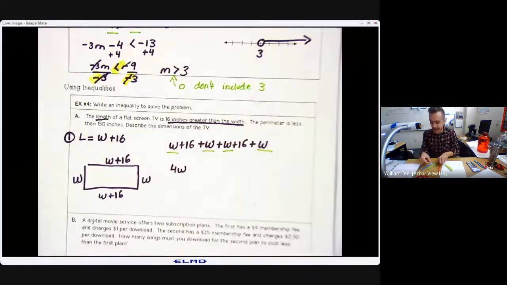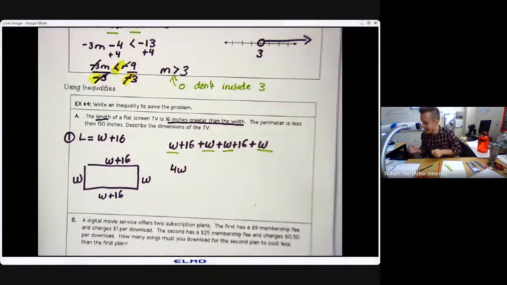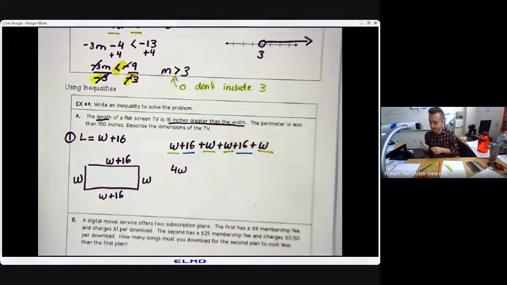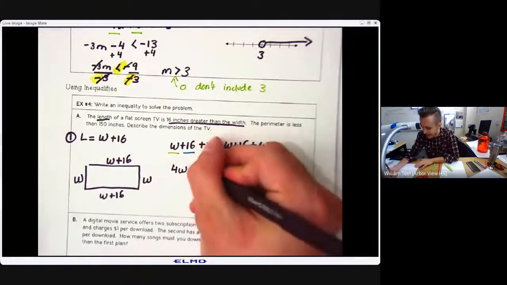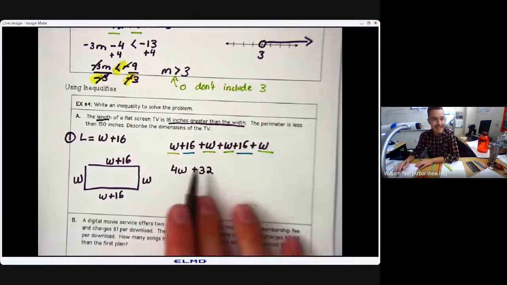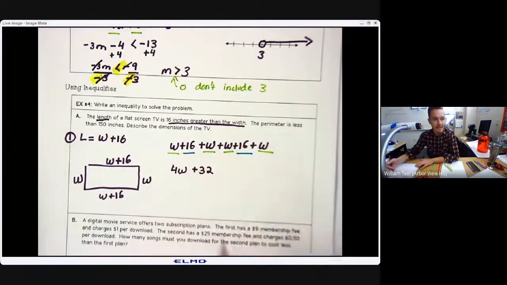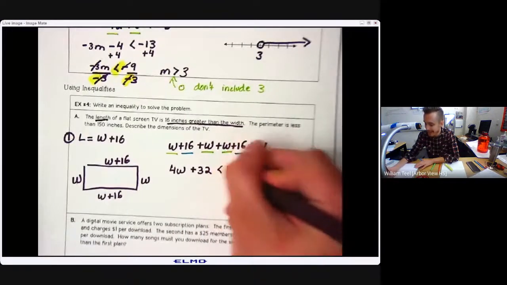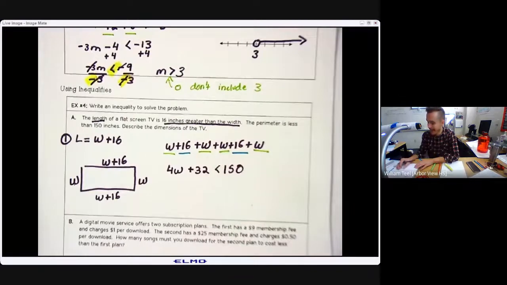And my other like terms are 16 and 16. So I have 4W plus 32. Now, this perimeter is going to have to be less than 150 inches, so I'm going to say less than 150.